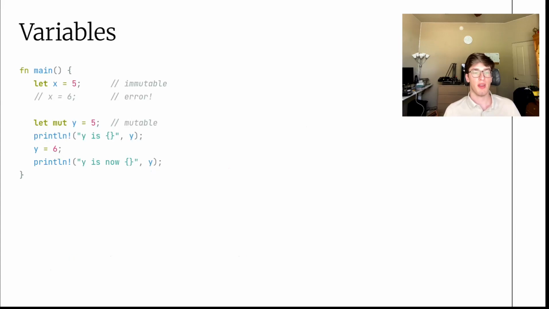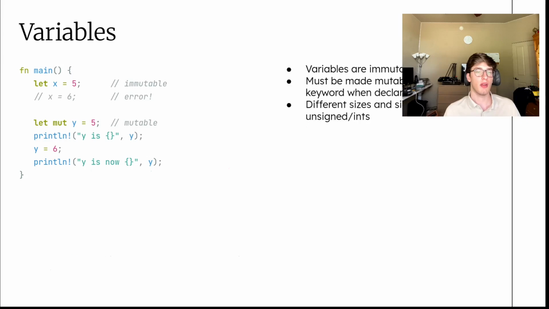So variables by default in Rust, as I mentioned prior, are immutable, and if you try to change them by default, it will throw an error. Interestingly, you can also make them mutable by using the mut syntax, so you can change them after they're instantiated.